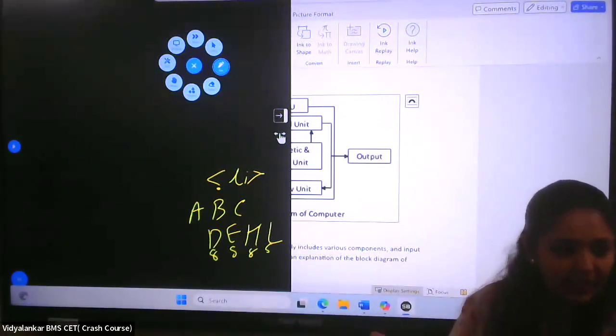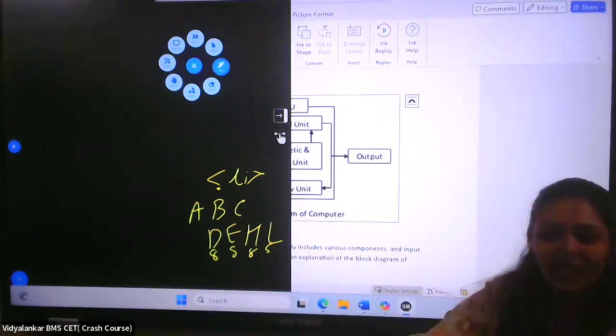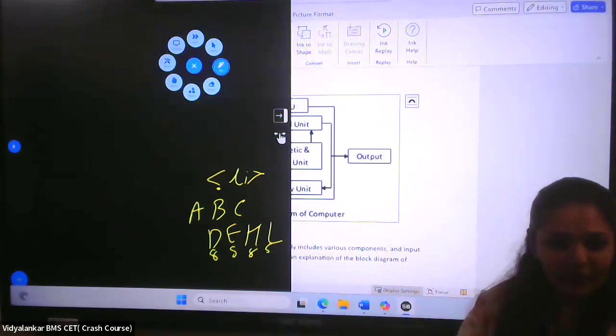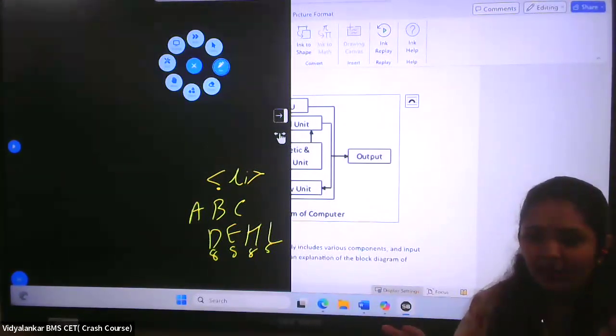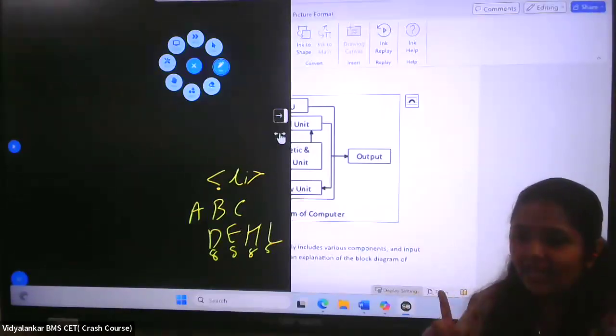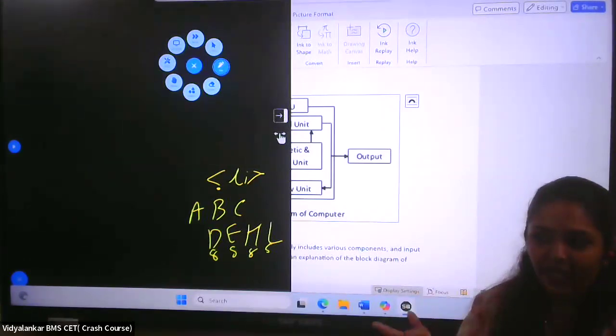Then what's the base for hexadecimal? मैंने इसलिए बोला कि मैं कभी भी सीक्वेंस में नहीं पूछूंगी. Okay, it's 16. So what's the range for 16? 0 to 9 and A to F. Fine. Then lastly octal, what's the base? 8. And what's the range?